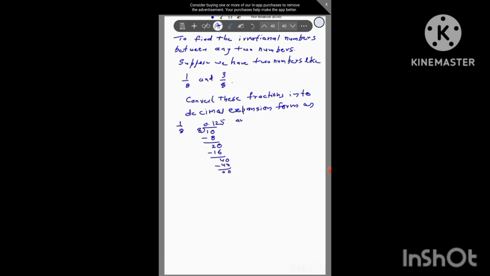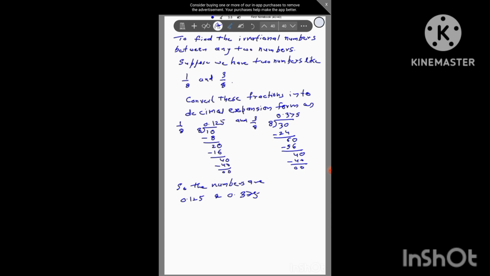It is very necessary to convert into decimal expansion form, because you are trying to find irrational numbers. The concept of irrational numbers is different from rational numbers. Though it is not difficult, you need to know what irrational numbers are first. Then with these two numbers, 0.125 and 0.375, any numbers given can be converted in this form.